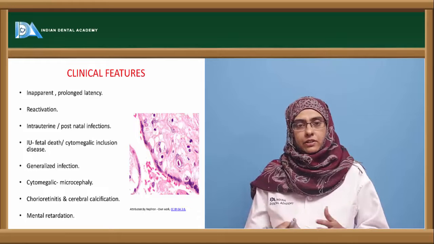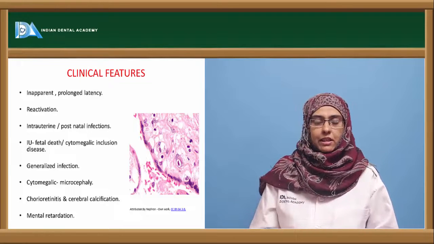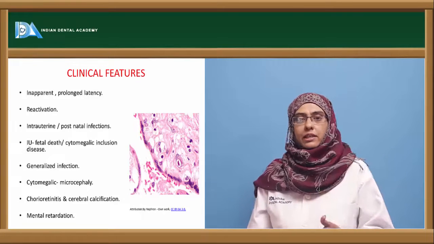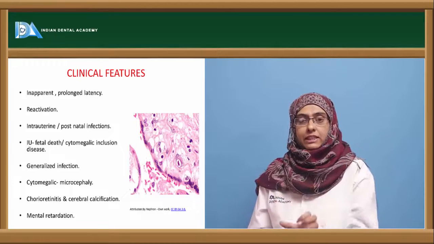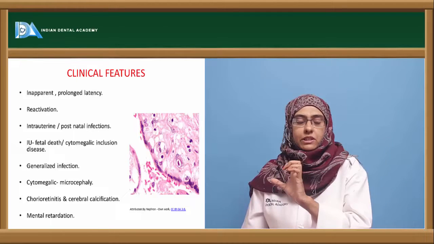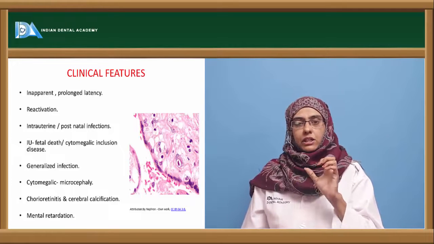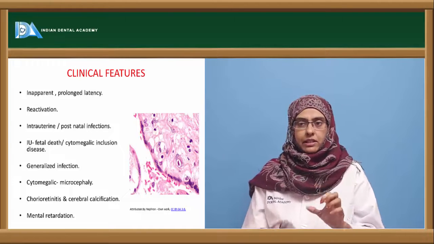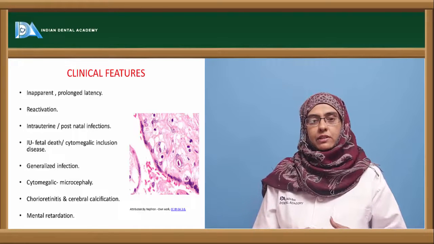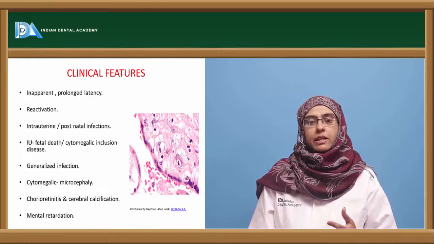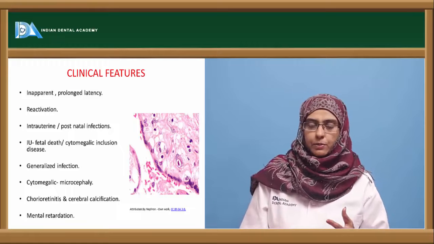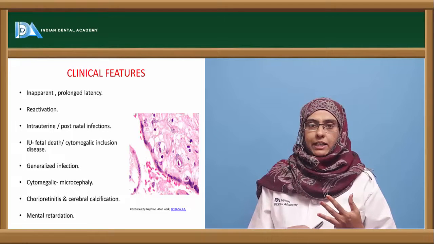In the case of intrauterine disease, this can lead to fetal death, or it can cause cytomegalic inclusion disease, which is a very serious complication of this particular disease, a generalized disease causing infection in the infant, and the complications associated with this are hepatosplenomegaly and thrombocytopenic purpura along with hemolytic anemia.